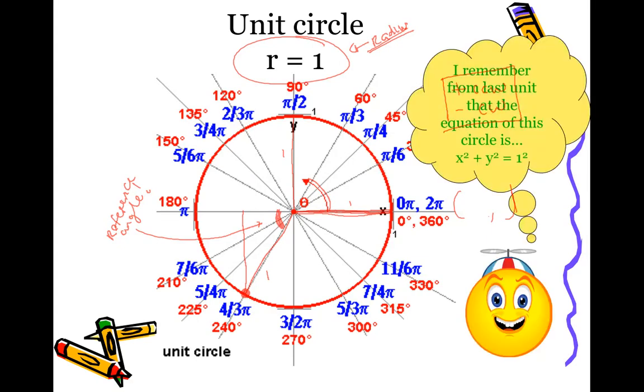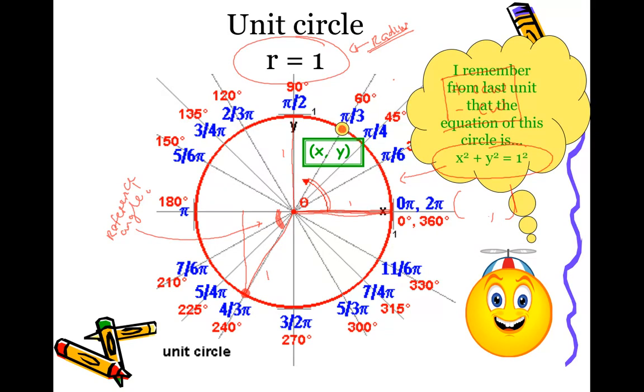If you remember, from the last unit, we talked about the equation of a circle. The equation of this particular circle is x squared plus y squared equals 1 squared. If I wanted this point right here, if I took the x value and squared it, plus the y value and squared it, it's going to equal the radius squared, which is 1.